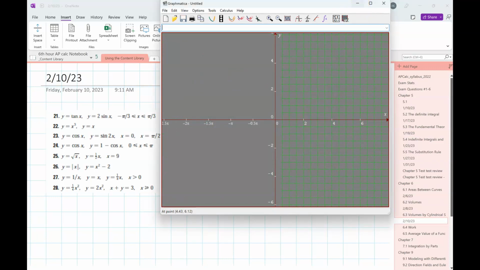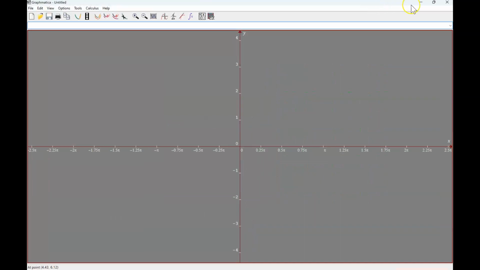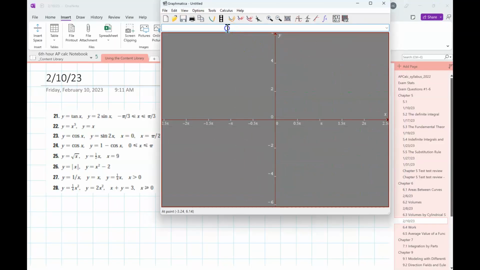So we're going to graph y equals cosine x, which I suspect you know what that looks like from 0 to 2 pi, or 0 to pi over 2. And then y equals sine 2x, which again, should be able to do from 0 to pi over 2.